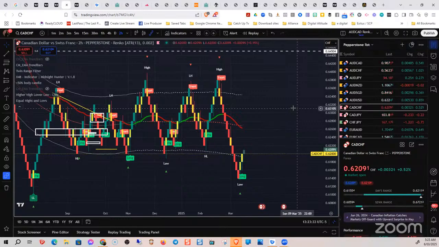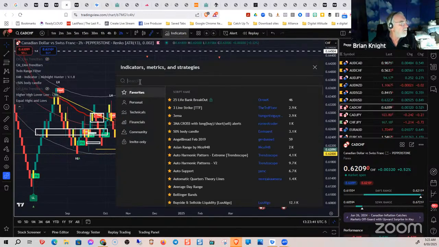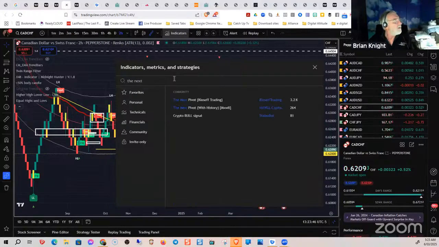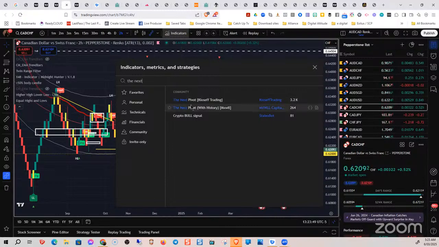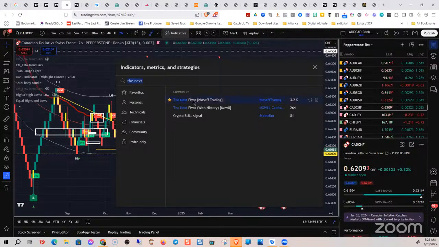And then the next one is called the next pivot point. That's the one right there at the top, KSF trading.